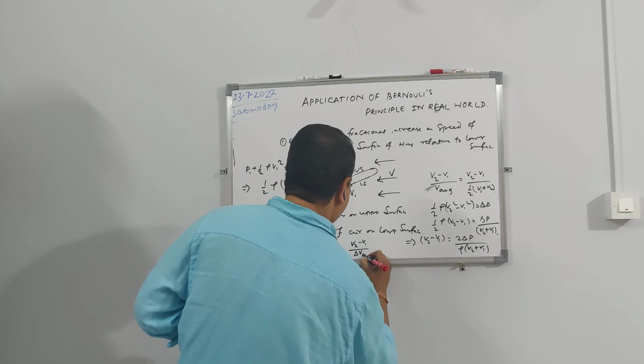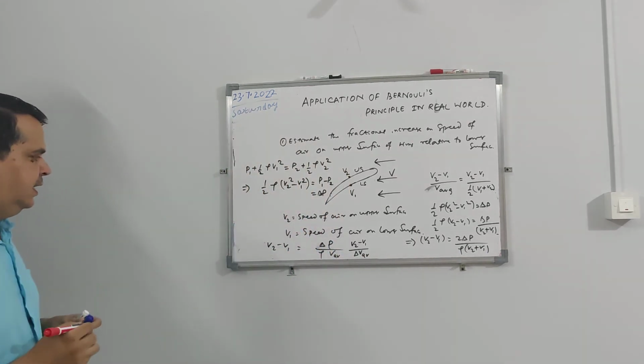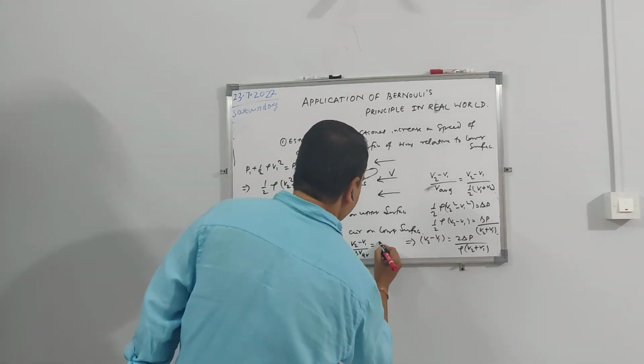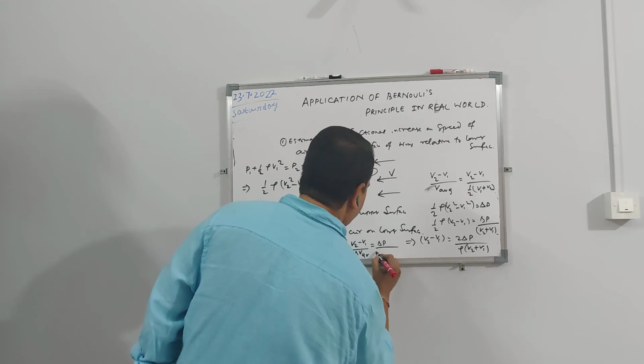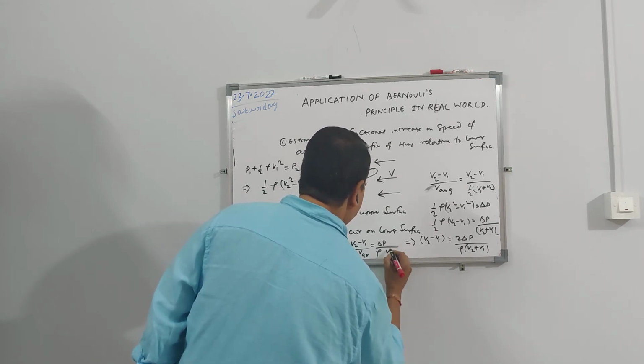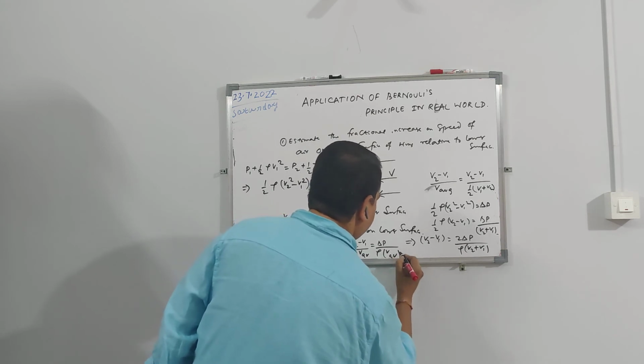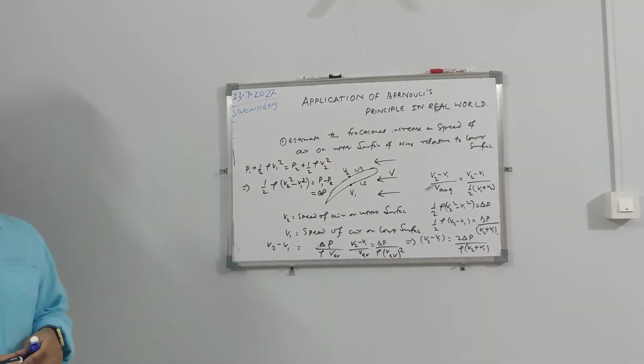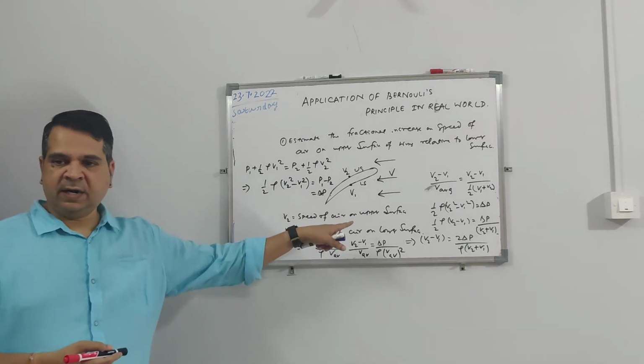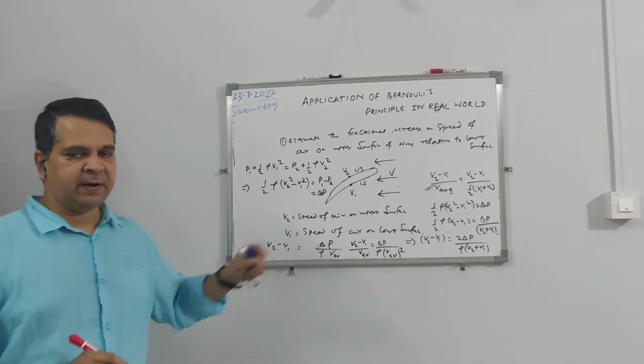That is equal to delta P by rho into V average square. So that is the fraction now.